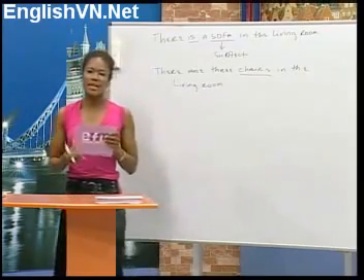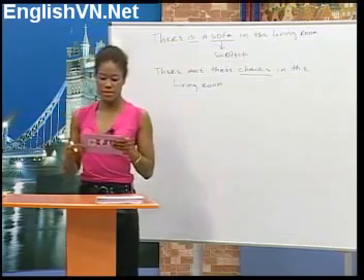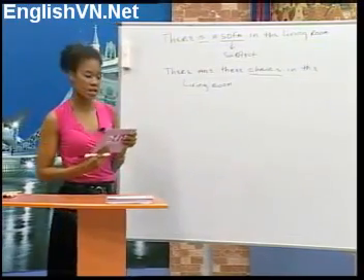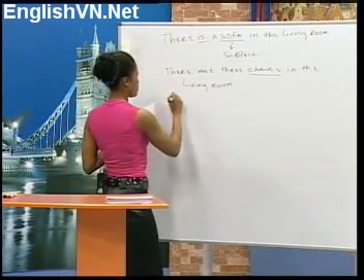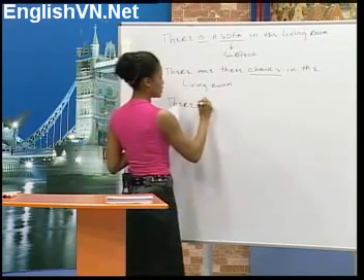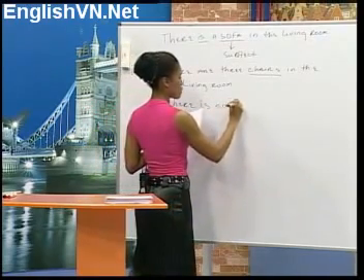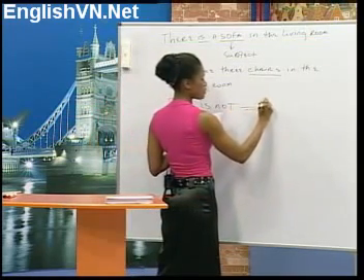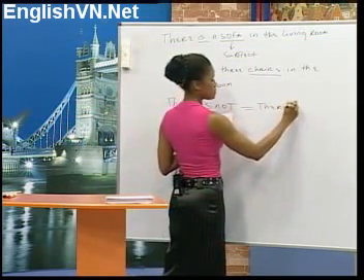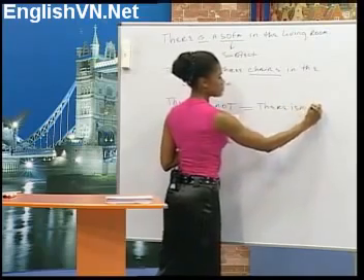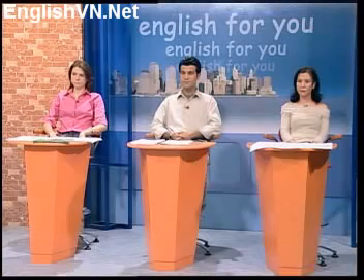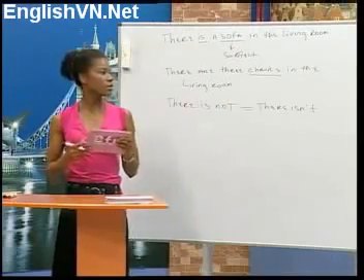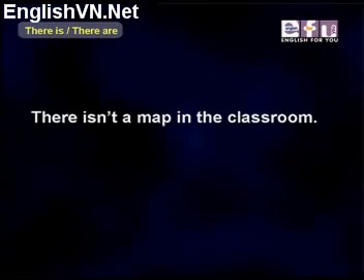All right, now the negative of there is: there is not, or, of course, the short form, there isn't. Now look at your screen for an example. There isn't a map in the classroom.